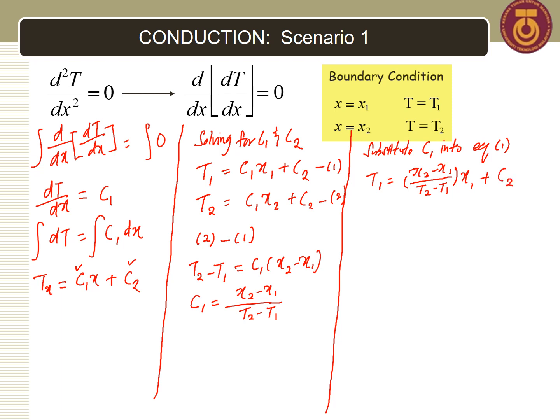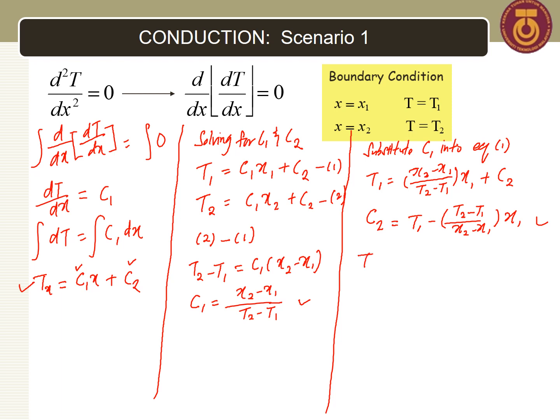And with this we get C2 equals T1 minus T2 minus T1 divided by x2 minus x1 times x1.